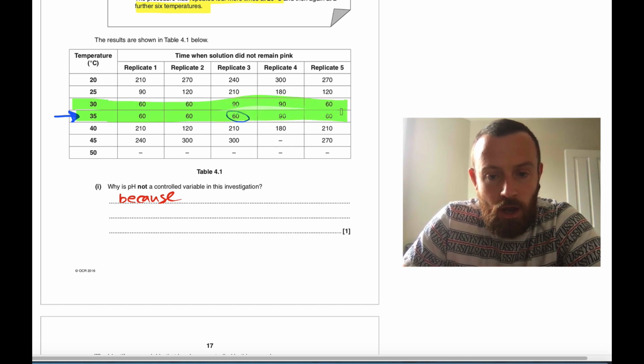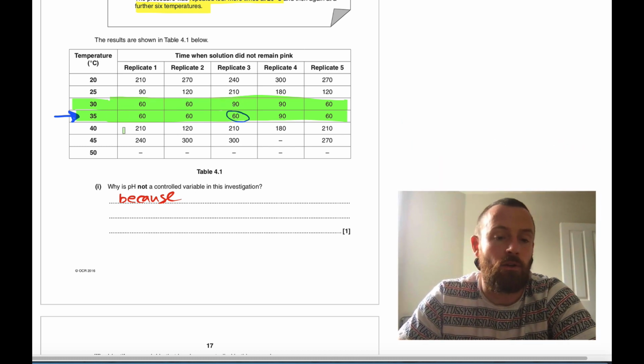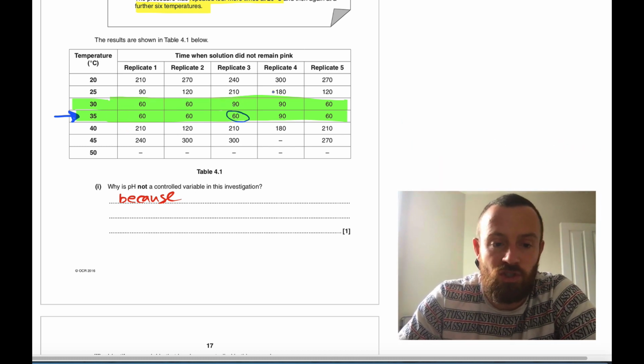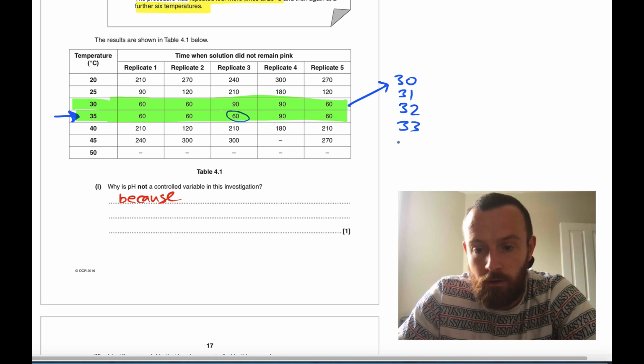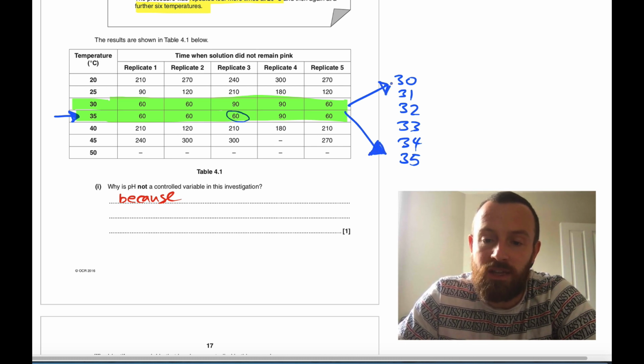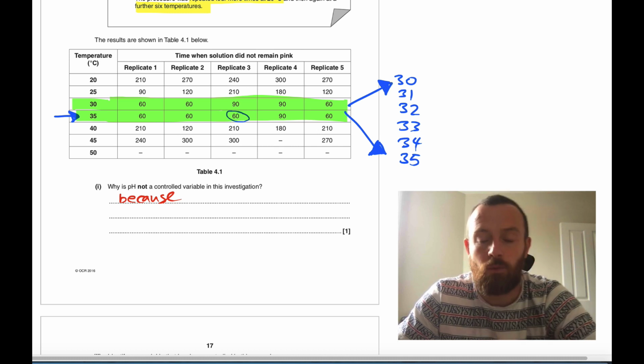Because we don't really know where the optimum temperature is in this range. It's somewhere in there, but we don't know where. So what we would suggest is we repeat the experiment and we do 30, 31, 32, 33, 34, 35. We reduce the intervals of temperature. That's what we've done there, okay?